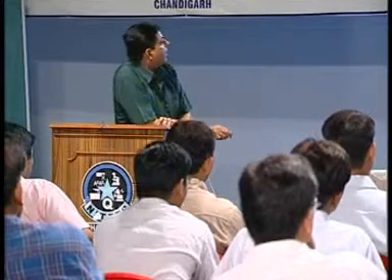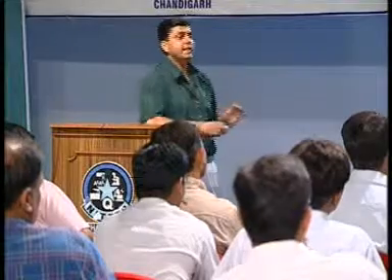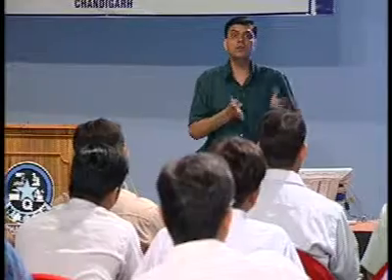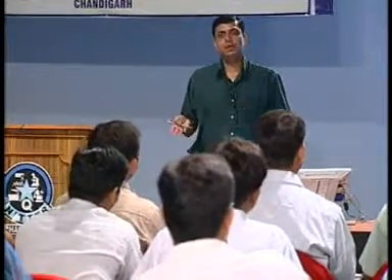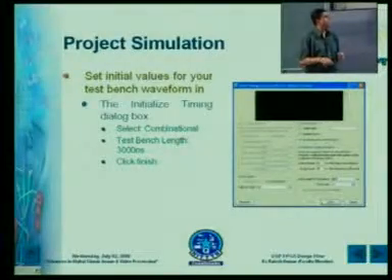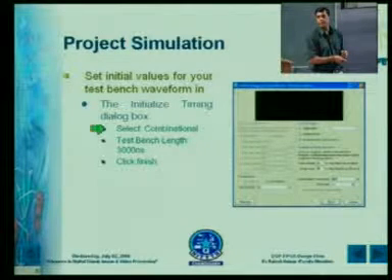Now, after clicking this one, you will get this window. Here you can select whether you create test bench for a sequential circuit or for a combinational circuit. Now, the XOR gate is combinational, so we can go ahead with that.